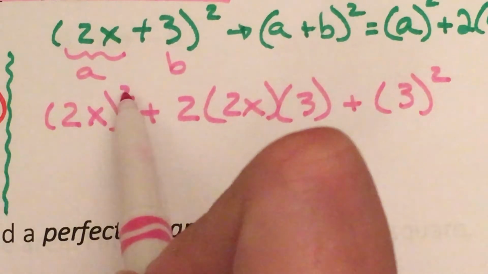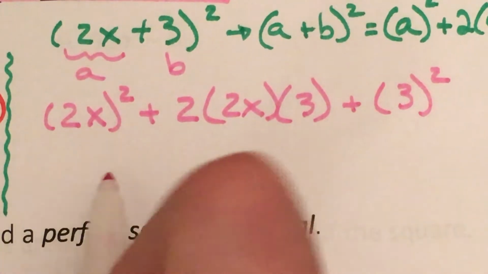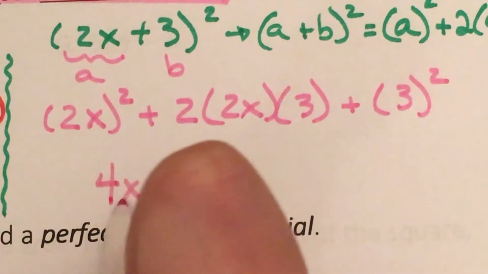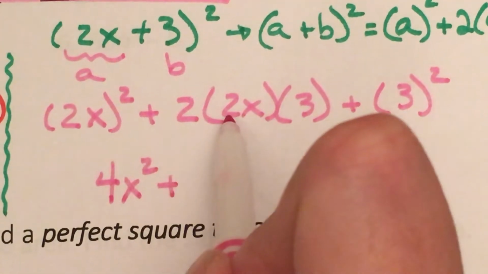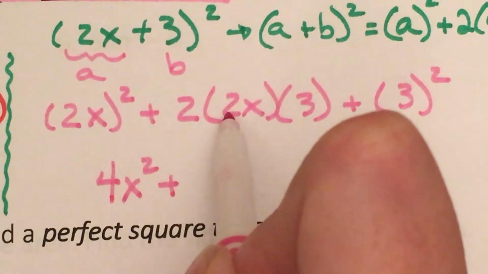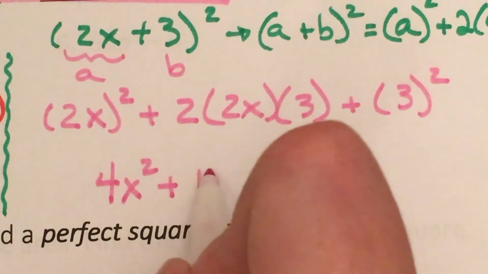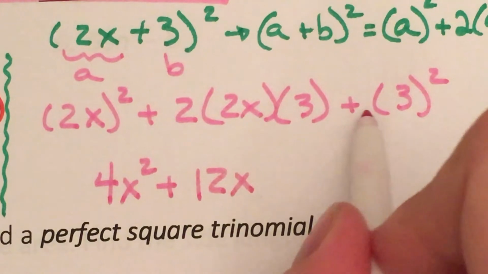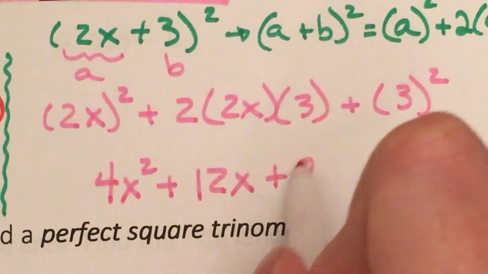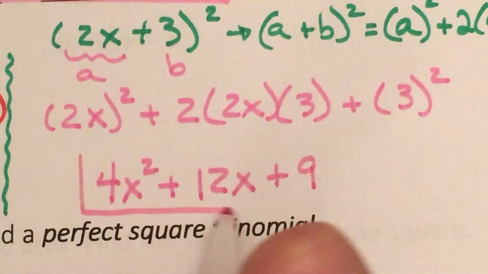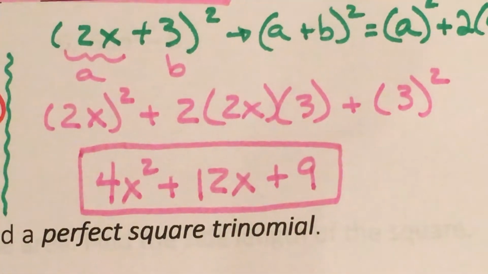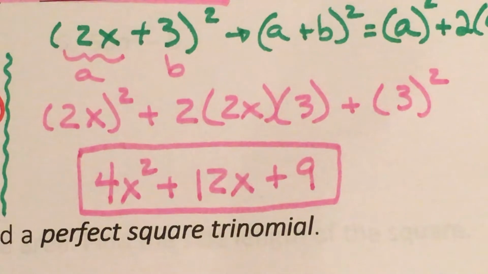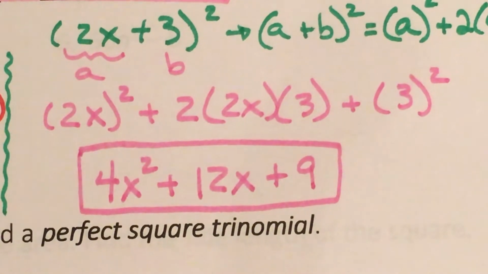So 2x squared, 2x times 2x, 4x squared, plus 2 times 2 is 4, 4 times 3 is 12x, plus 3 squared is 9. And check it out, that's the exact same answer that we got doing FOIL, just with less work, I would say.